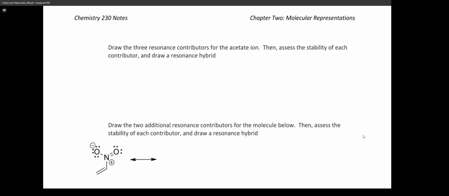Okay. Draw the 3 resonance contributors for the acetate. Acetate is CH3COO minus.